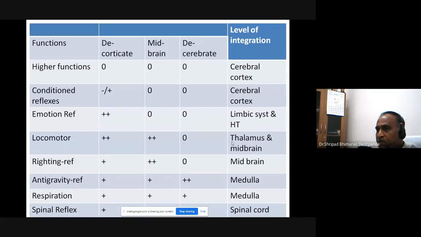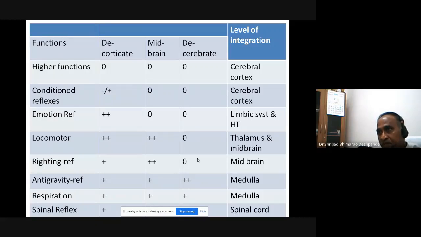The locomotor reflexes require the midbrain. The midbrain is not there. Now the midbrain is isolated and only the hindbrain is remaining. Hence the locomotor reflexes are lost. The righting reflexes are all lost, because the cortical righting reflexes and the medullary midbrain righting reflexes are lost. The animal is not able to stand by itself, and I will describe how we can make the animal stand in the next part.